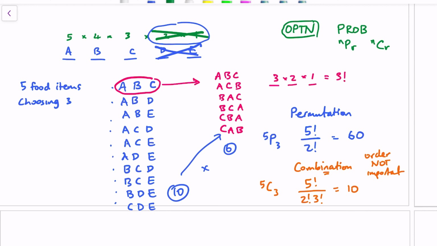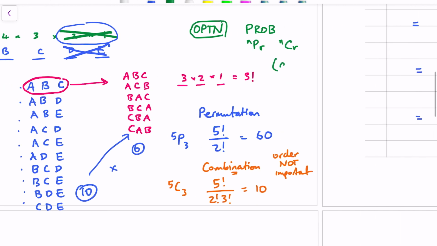And you might use that when you do a binomial expansion. If I had (A plus B) to the power of 5, the binomial coefficients are 1, 5, 10, 10, 5, 1. And there are 5 objects, and we're choosing how many A's? 3 A's.